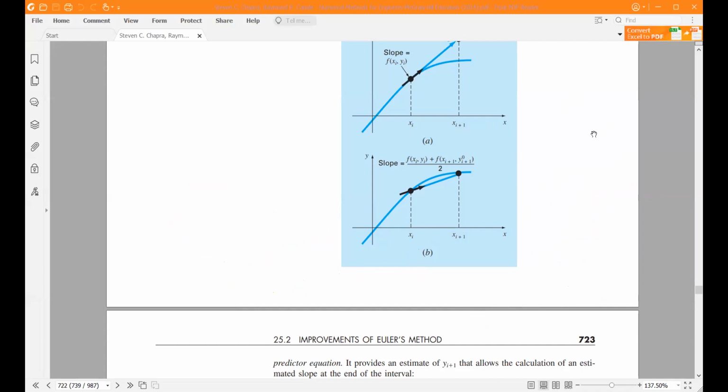So our discussion was about the calculation of the slope, isn't it? We are calculating the slope at the beginning, we are calculating the slope at the end, and you are taking the average value of the slope. That average value of the slope will be used to calculate your yi plus 1.